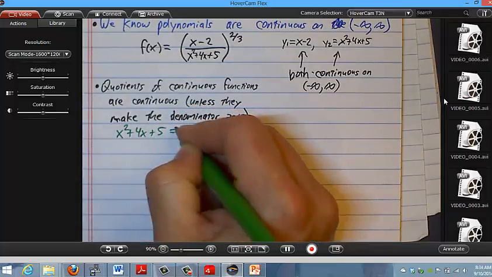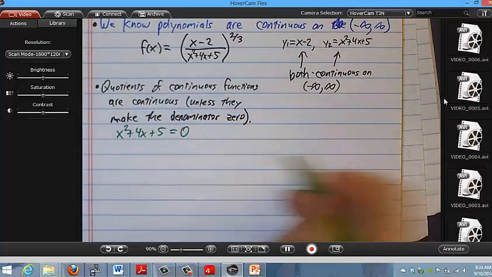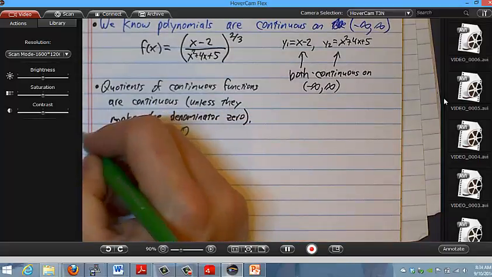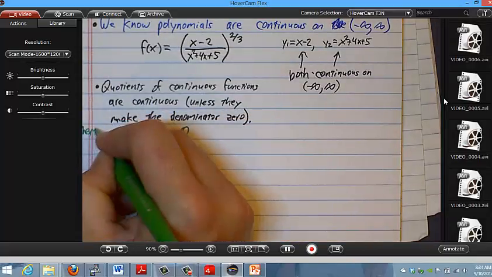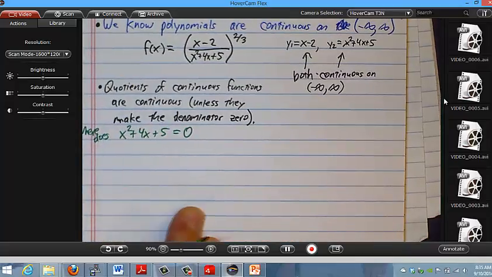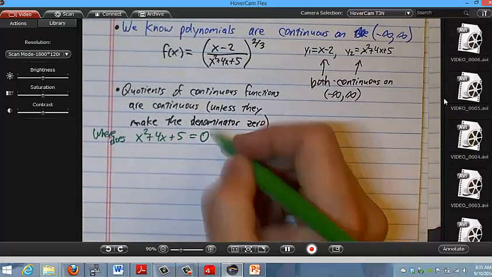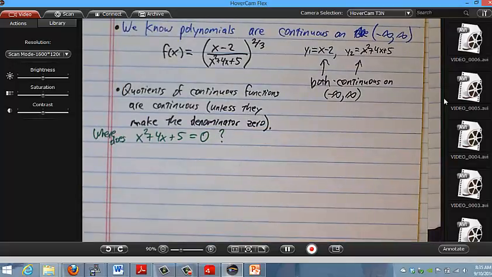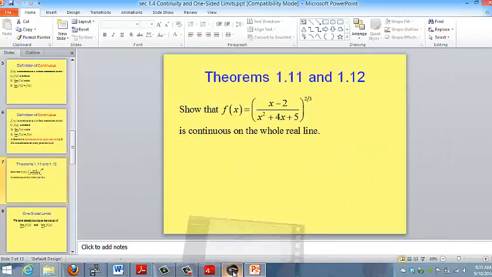The question is, where does that happen? Where does x squared plus 4x plus 5 equal 0? What would you guys say? Why don't you talk about that for a minute? I'm going to pause this, and you talk to the people in your group about that for 1 minute and see if we can kind of finish this.